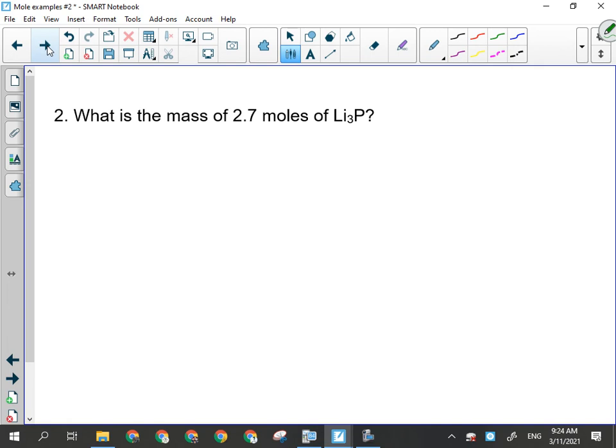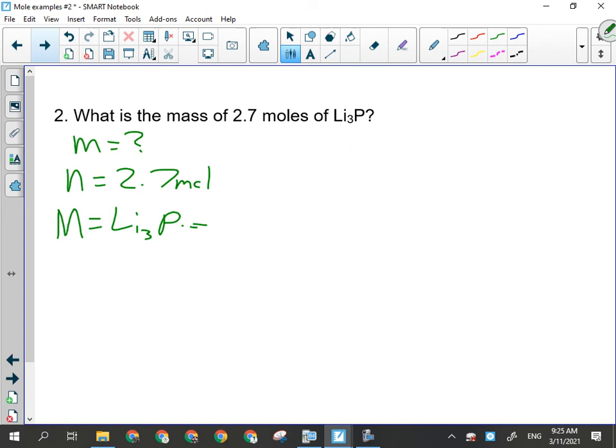Okay, so we're looking for the mass, so we're looking for little m of 2.7 moles. They gave us n of lithium phosphate. We had that on the quiz. Li3P.